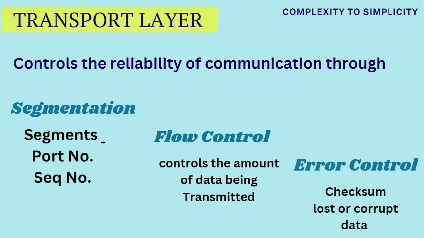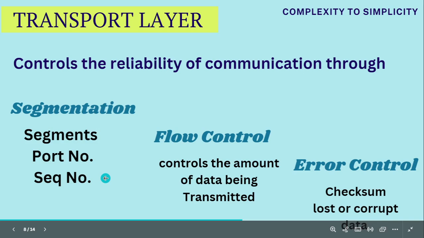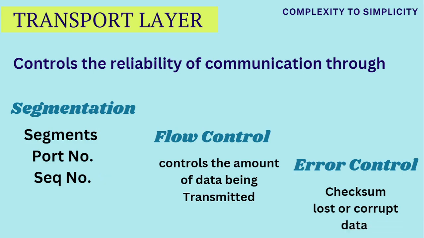Each segment has a source and destination port number and a sequence number. The port number helps to direct each segment to the correct application, and the sequence number helps to reassemble segments in the correct order to form the correct message at the receiver.